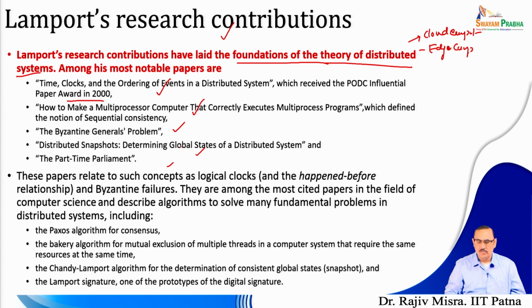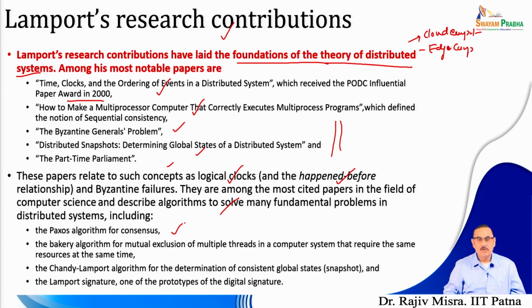Some of them we are going to cover in the design of edge computing systems. These papers relate to concepts such as logical clocks, which depend upon a relation called the happened before relation, and Byzantine failures. They are among the most cited papers in computer science and describe algorithms to solve many fundamental problems in distributed systems.